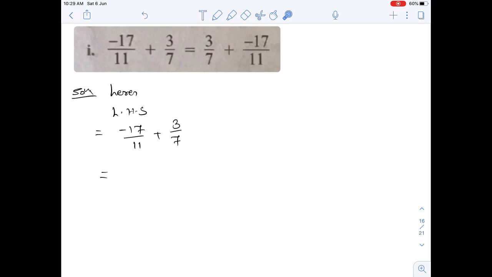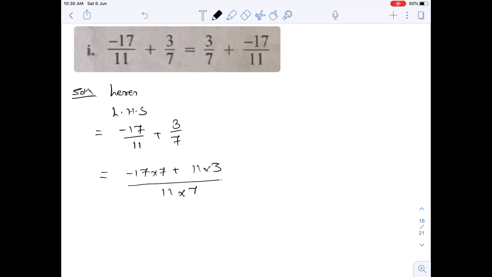So first we multiply the signs, or directly we write here 7 into 17, that is 119, minus 17 into 7, plus, now this 11 will multiply with this 3, so you will get 11 into 3, and then we multiply this 11 with this 7.